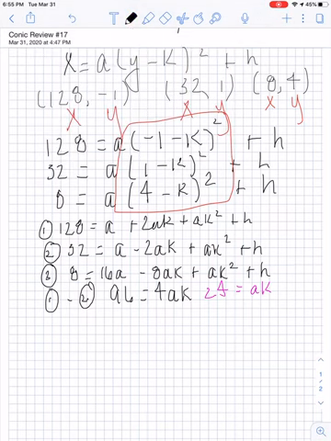And then I chose to do equation 2 minus 3, and that gave me 24 equals negative 15a plus 6ak. Okay, well, if I know that 24 is equal to ak, then I can do a substitution.